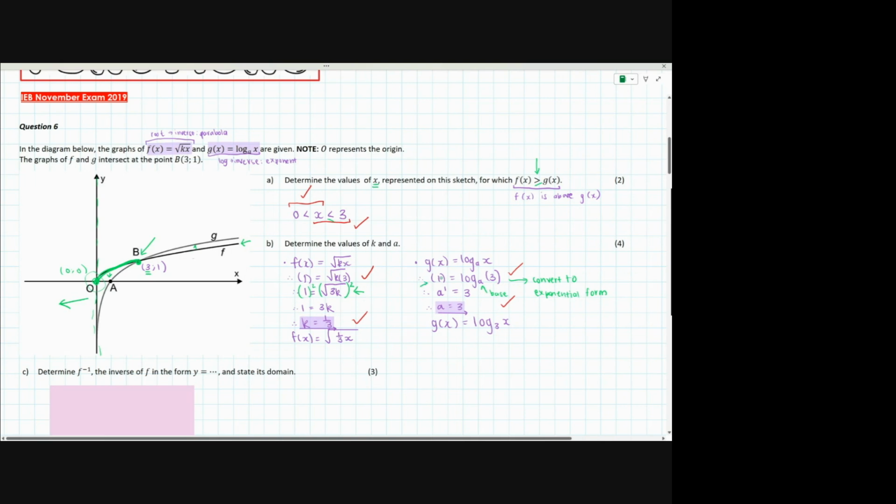Whatever the log expression is equal to, that is your exponent. And this 3, or whatever is in the brackets over here, is essentially the value of the power. So the base of a to the power 1 is equal to 3. So that is my conversion. And I am then able to essentially find what a is.